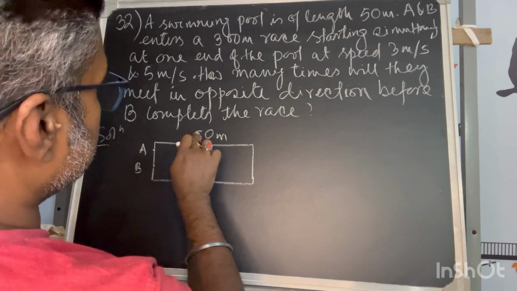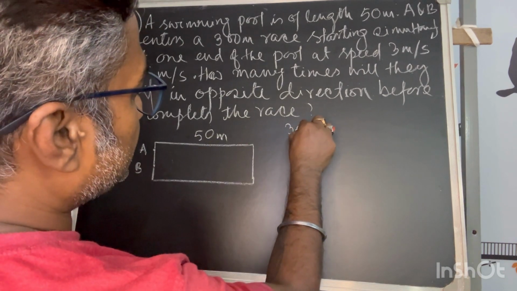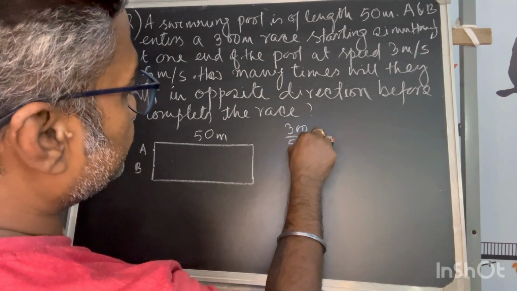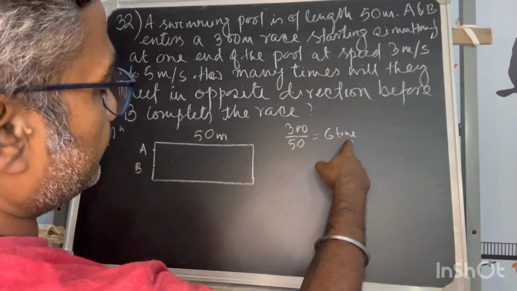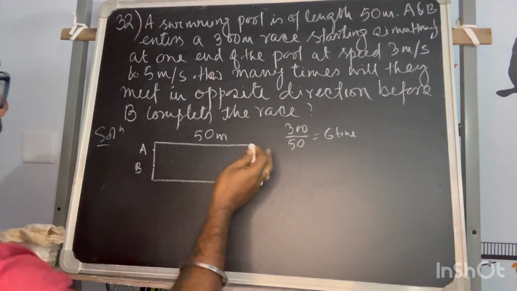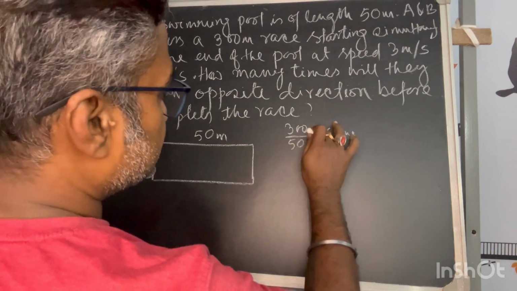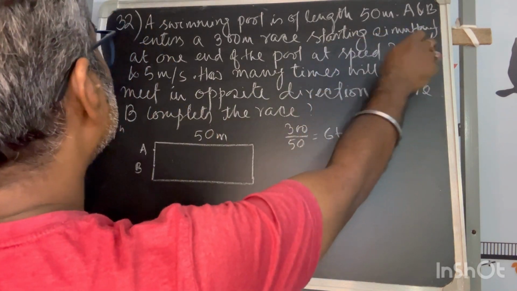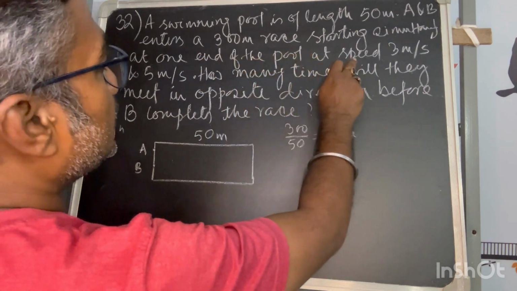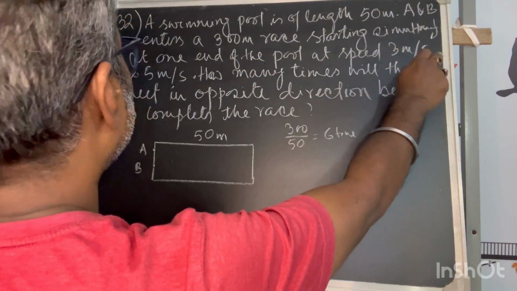That means this is 50, so how many times may they turn at maximum? This is equal to 6 times. Whoever has the higher speed may complete 6 lengths faster than the other. So they start at one end of the pool at speeds 3 meter per second and 5 meter per second.